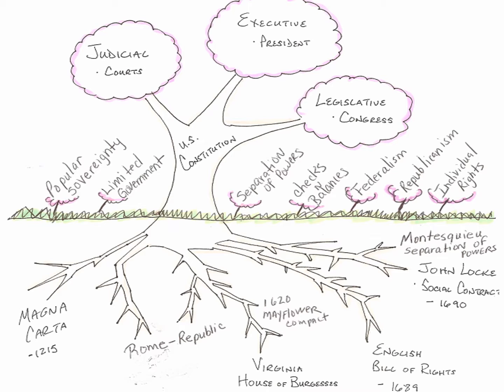That means that we're allowed to vote in whoever we want as president, as mayor, as a senator, as a representative in the House of Representatives. And then the very last thing that I put here is individual rights. That is the Bill of Rights. That is to ensure that the U.S. government doesn't get out of control, and that we as individuals have certain rights that cannot be denied. Okay?